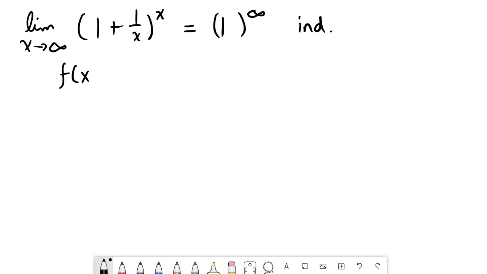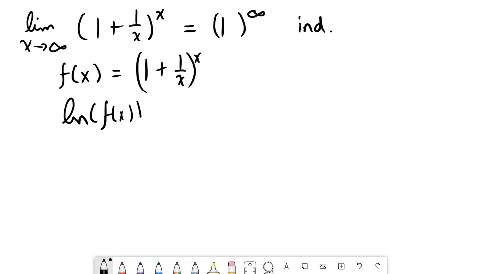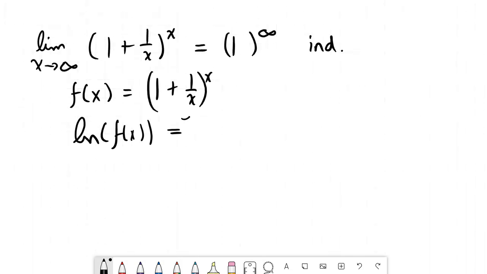So we should look at the function that we're actually taking the limit of, like this, right? If we take the natural log of that function, we have to basically take the natural log of this, 1 plus 1 over x to the x power. Let's write it like that, right?